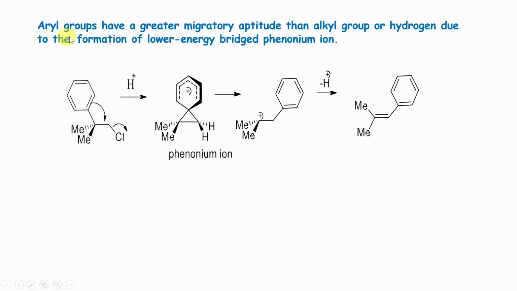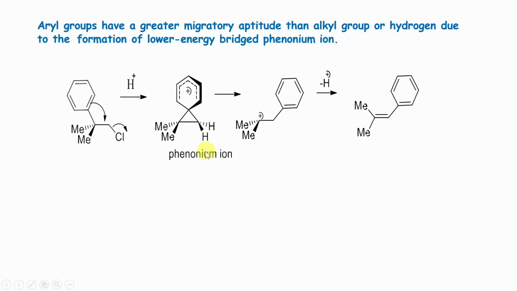You know, aryl groups usually have a greater migratory aptitude than alkyl groups or hydrogen due to the formation of a lower energy bridged phenonium ion, and hence a molecule involving an aryl group is highly susceptible to 1,2 shift. Thereby, such compounds also give Wagner-Meerwein rearrangement.